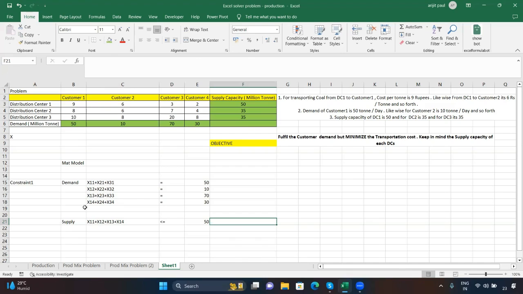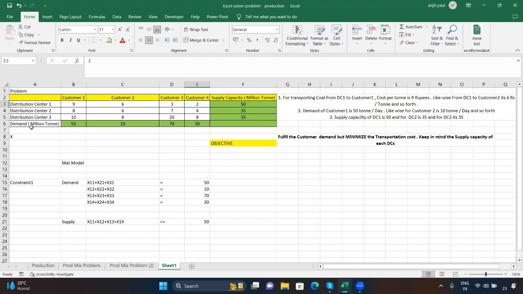Now what is x11? x11 is distribution center 1, customer 1. This will be x12, source 1, destination 2, that is distribution center 1 and customer 2. That becomes x12. This will be x13. This will be x14. Okay, and that needs to be equal to 50 because 50 is the supply capacity of distribution center 1 per day.